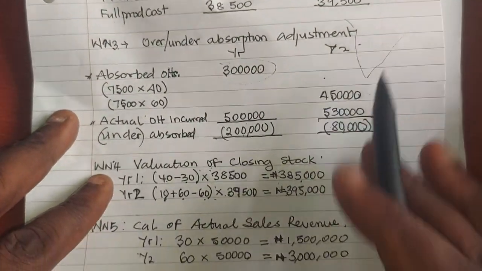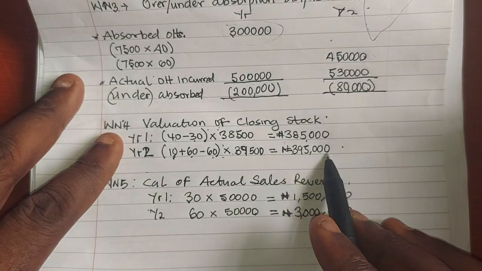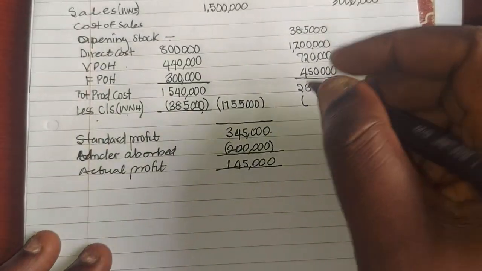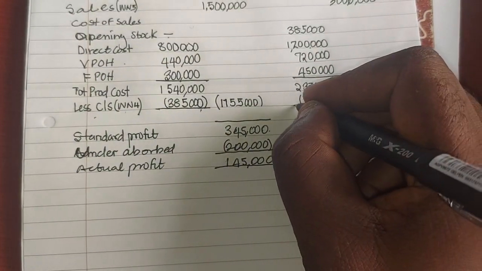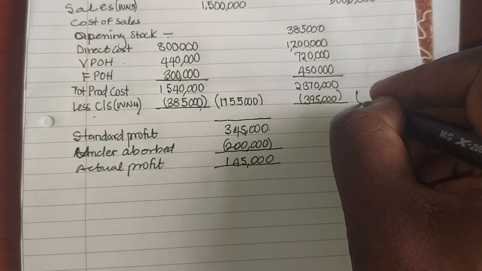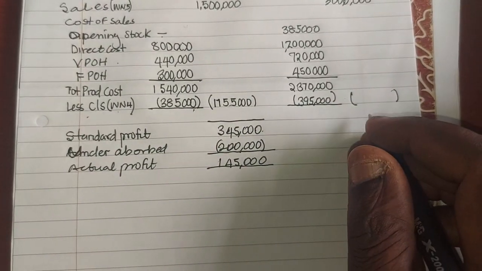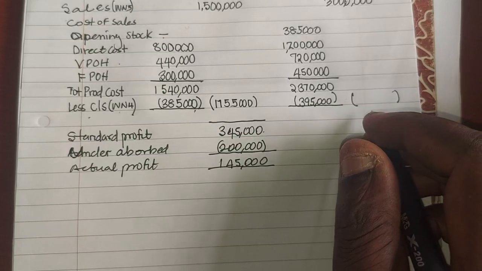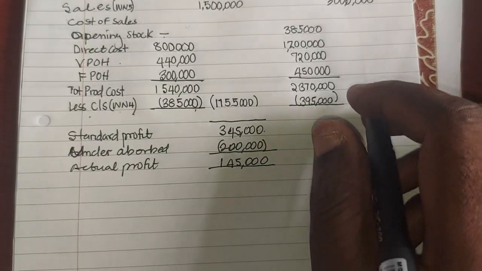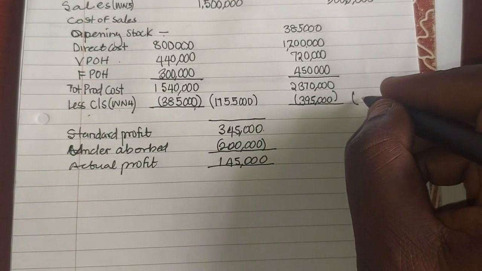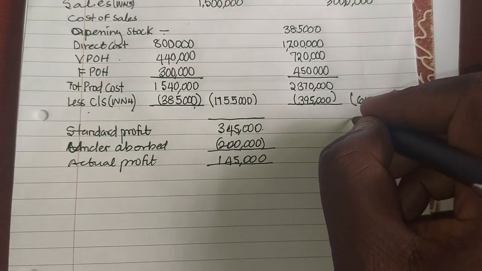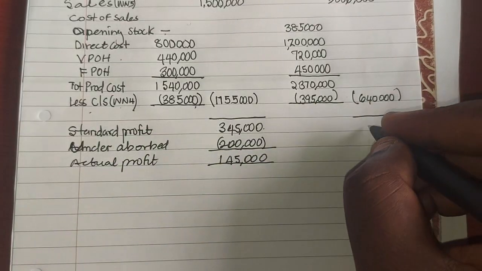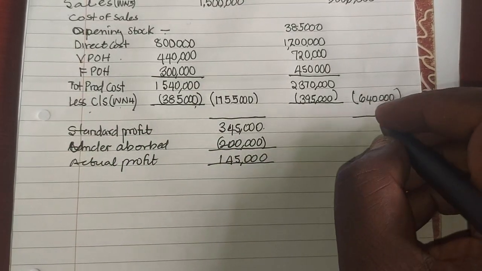The value of closing stock is 395,000. And when you subtract, it gives a total of 640,000. Then the standard profit. What's the standard profits?